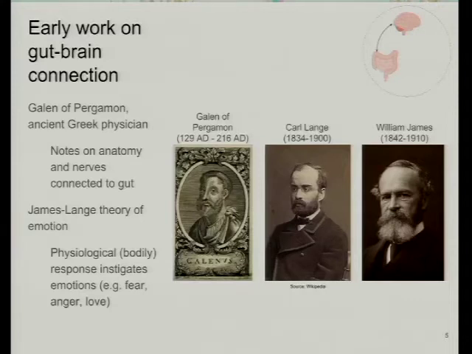Their theory would say that you first have some gut reaction, then your brain perceives that, and then you feel the emotion of love. Even though there are more modern theories of emotion, or of the connection between your brain and other organs, this theory laid the groundwork for a lot of them that exist today.